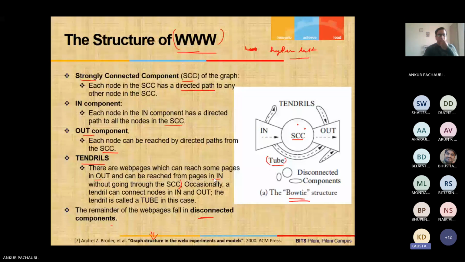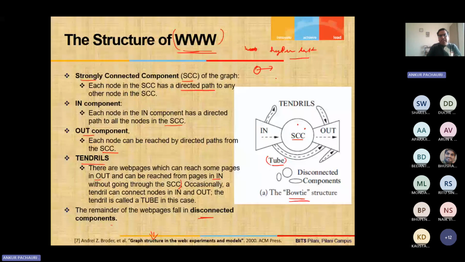Ultimately, the crawling that you perform on the WWW is just this: you visit a node, then click on one of the hyperlinks.